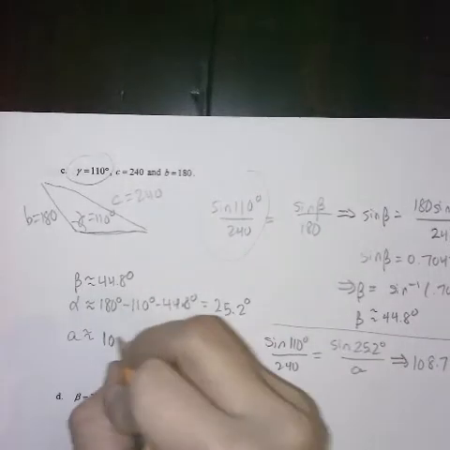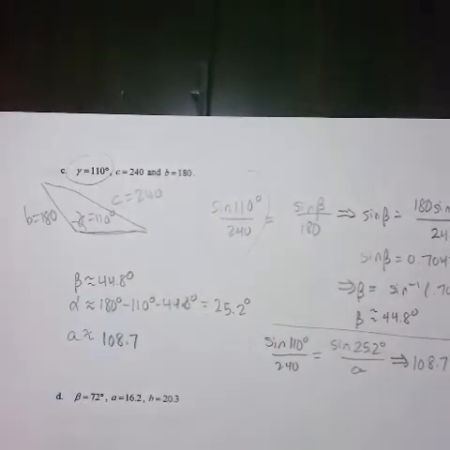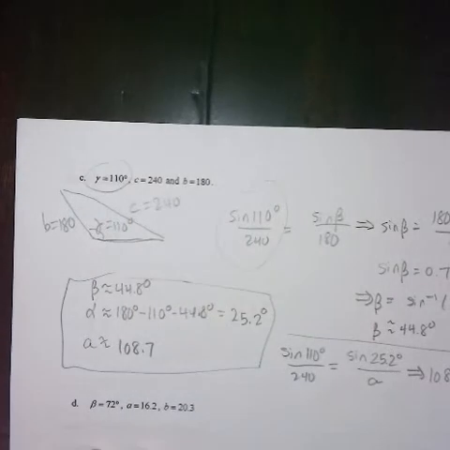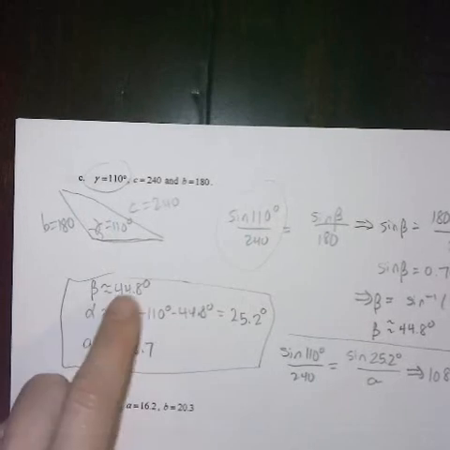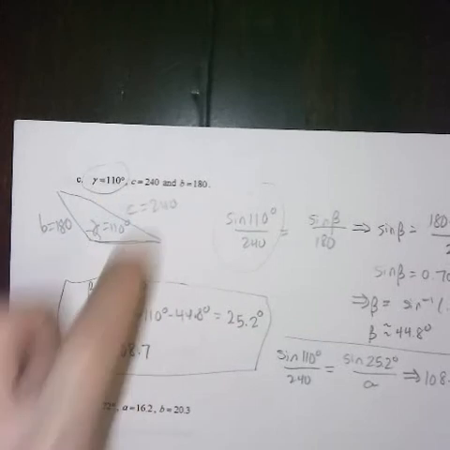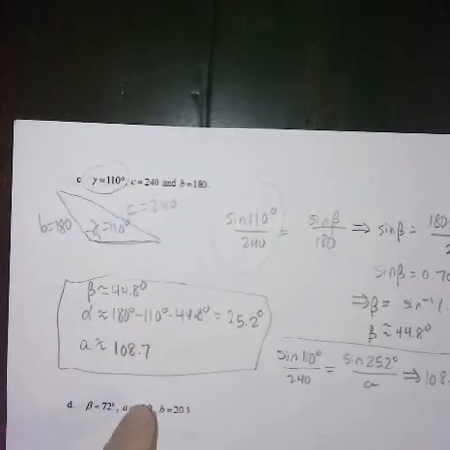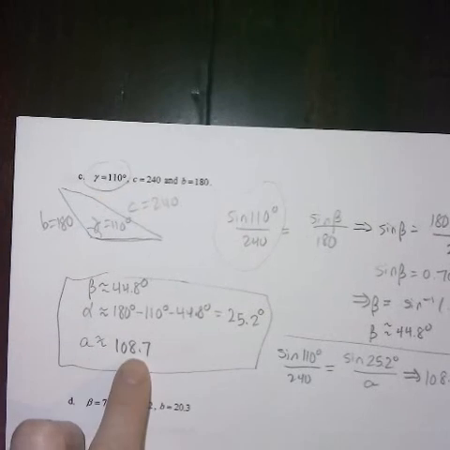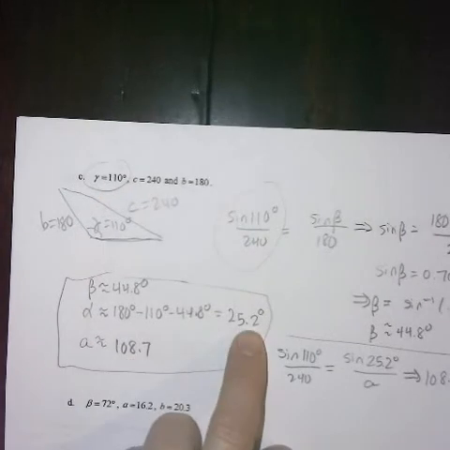And that's a side, so of course we don't need to label since there's no labels in the problem. There's our answer. And again, think about biggest side, longest side, or biggest angle across from longest side, shortest side across from the smallest angle, and A is the shortest side and alpha is the smallest angle, so everything seems reasonable here.